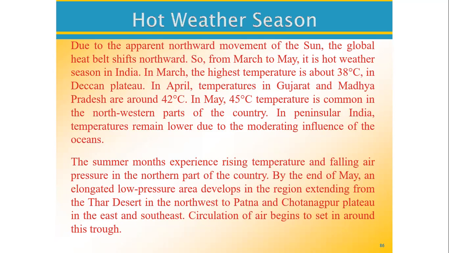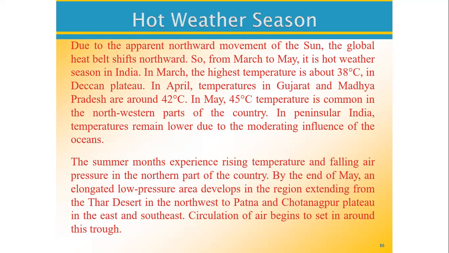In April, temperatures in Gujarat and Madhya Pradesh are around 42 degrees Celsius. In May, 45 degrees Celsius is common in the northwestern part of the country. In peninsular India, temperatures remain lower due to the moderating influence of the ocean.